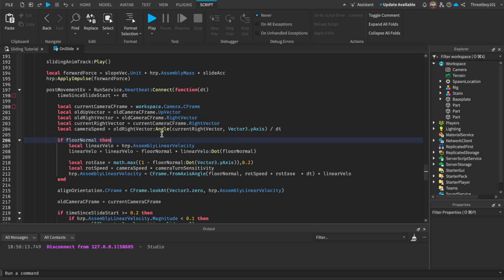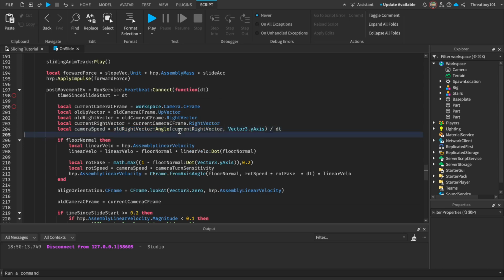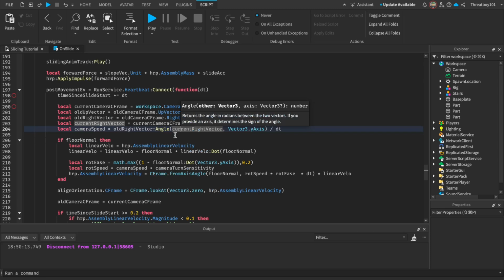Well, I can only theorize about how the angle function is implemented. But what I assume is that Roblox does a cross product between the two vectors. And when you do a cross product, first of all, you should know that the cross product is not commutative.